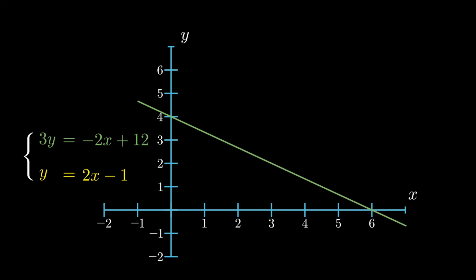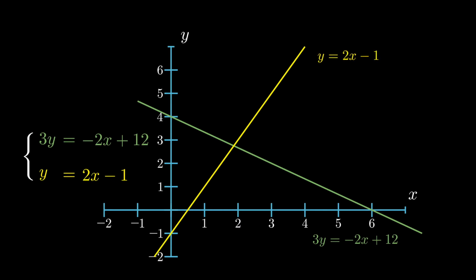Now let's draw the line 3y equals minus 2x plus 12 and the line y equals 2x minus 1. You can see that they intersect at a point, and the coordinates of this point are 15 over 8, 11 over 4. So these are the answers that we'll get when we solve this pair of equations.